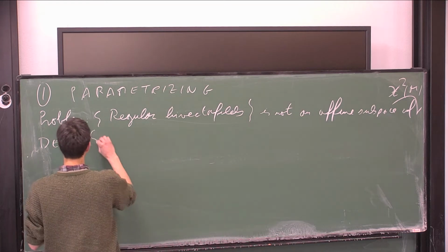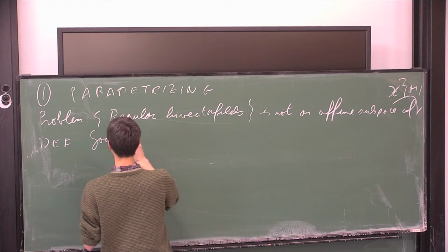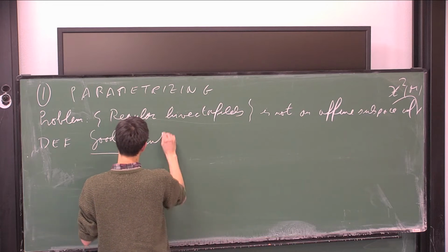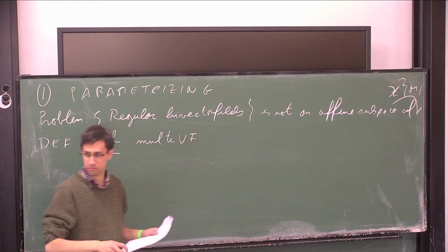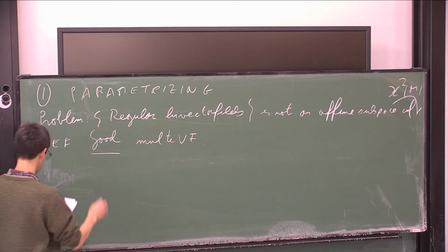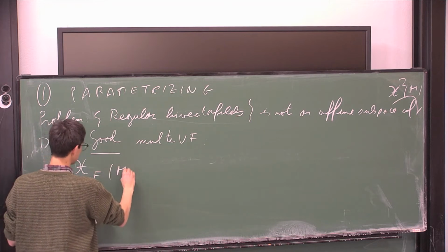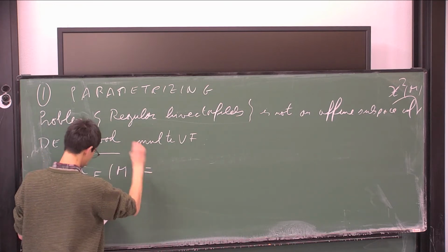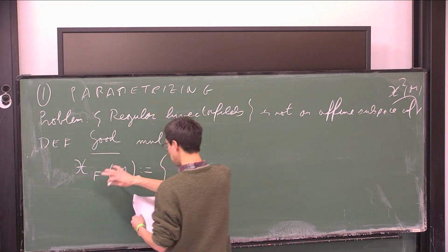Okay. So now this is a subset of multivector fields, which I call good. And well, the motivation for this definition will be apparent in a couple of seconds. So to define this, I just need a foliation.